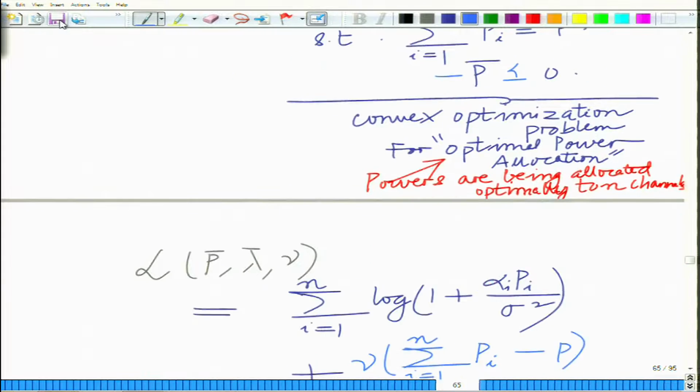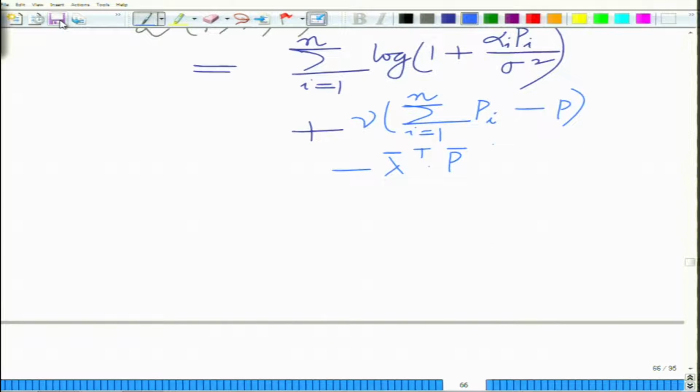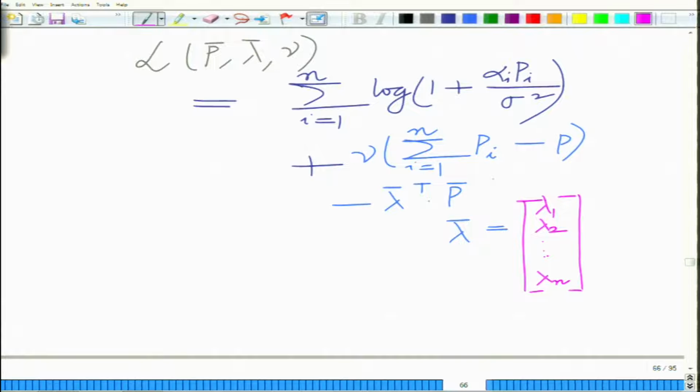Lambda bar has one Lagrange multiplier for each inequality constraint, that is, one for each power: lambda 1, lambda 2, up to lambda n.